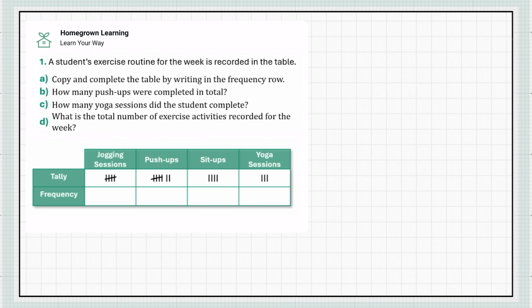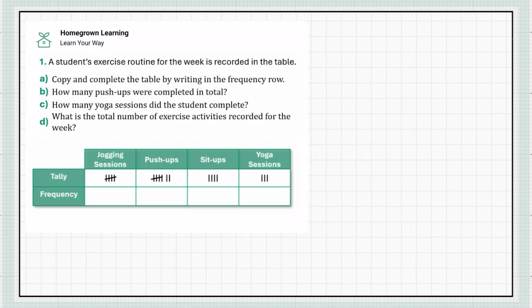So I've given you the exact number of occurrences in this tally format, and then from there we just determine how many that is going to be in terms of frequency. Frequency just means how many times it's happened. So to complete the frequency table for part A, all you do is read the tally.